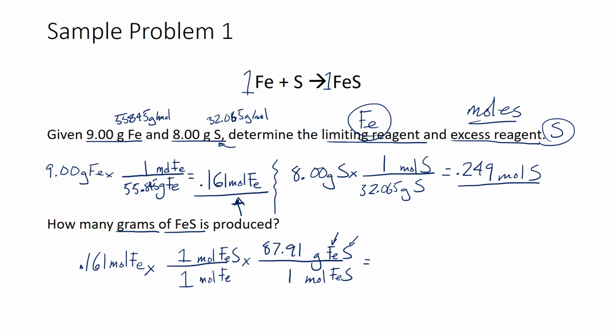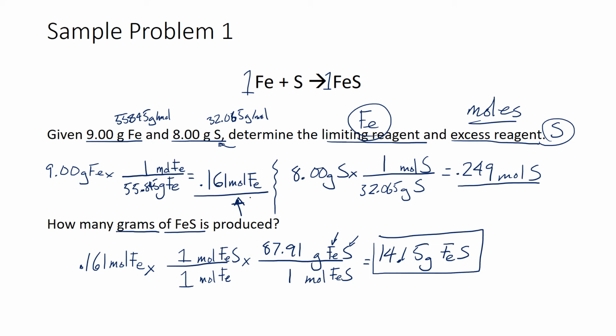So if I do this math, 0.161 times 1 divided by 1 times 87.91, and I get 14.15 grams of iron sulfide. There you go. All right, so I found out the limiting reagent by converting the reactants into moles.